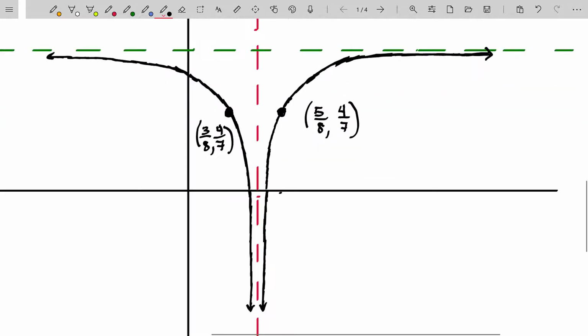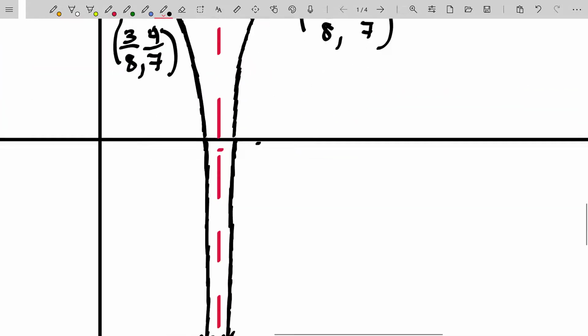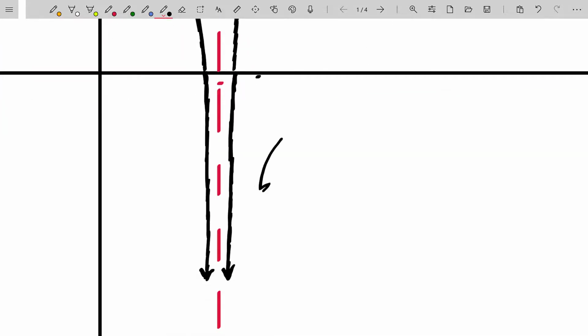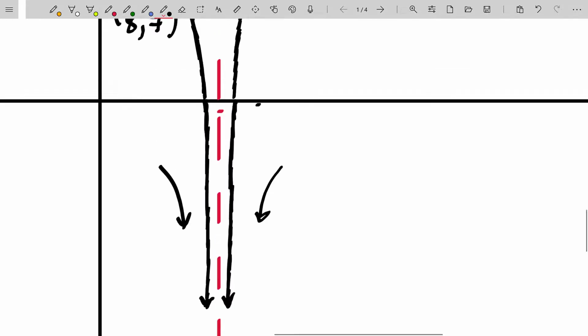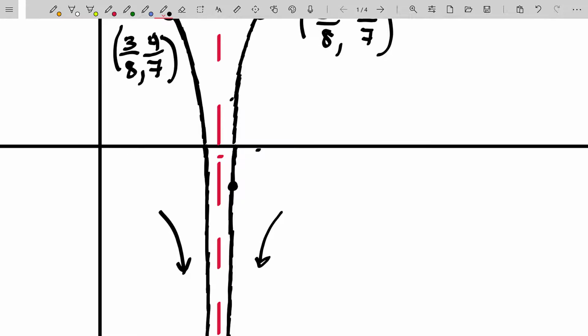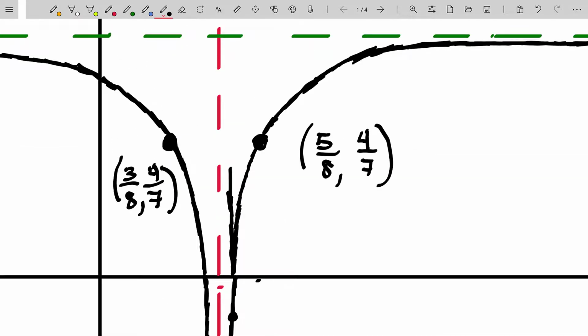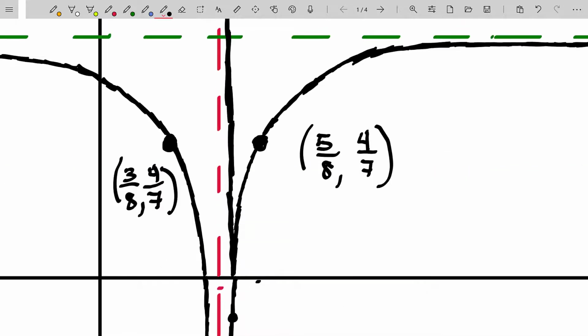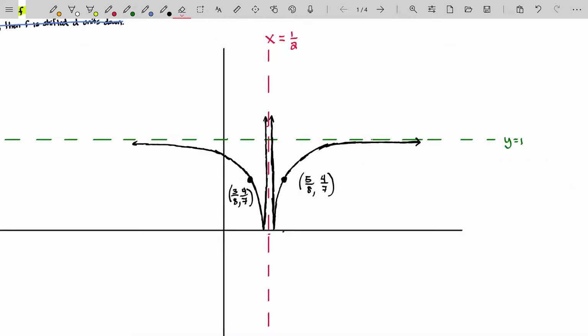Then you're going to note what the absolute value does: it takes anything that's below the x-axis here and forces it to be the positive version of itself. So essentially what it does is it reflects the curve above the x-axis. And this would be the graph of the absolute value of g of x.